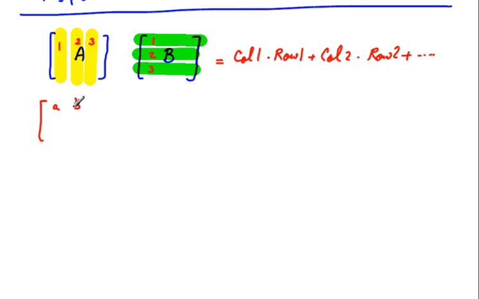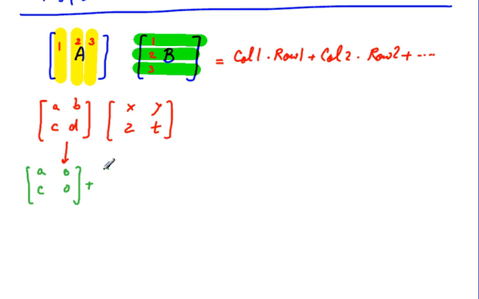entries. So I have A, B, C, D times X, Y, Z, T. What I do instead of that, I'm going to write this as, I'm going to break it into columns: A, C, 0, 0, plus 0, 0, B, D. Okay, this is the same as that.